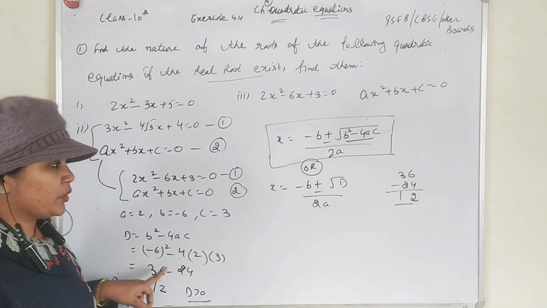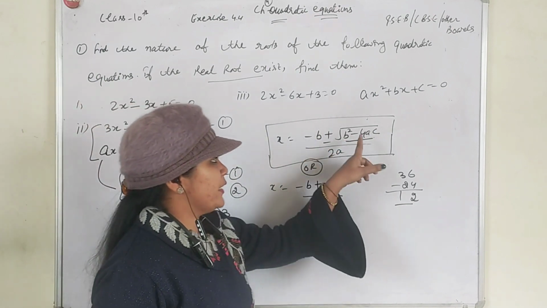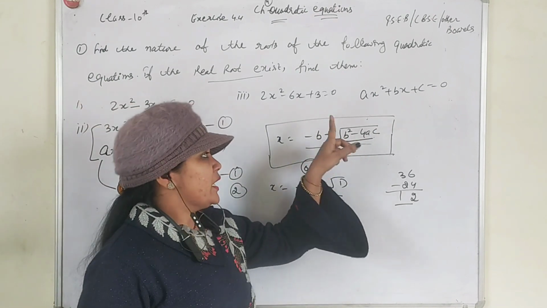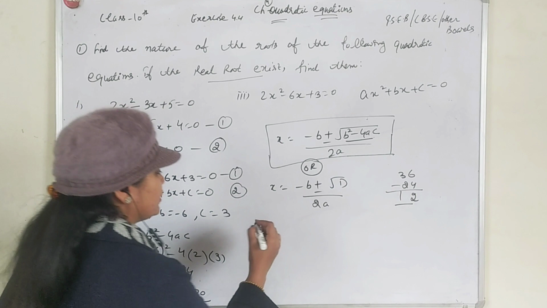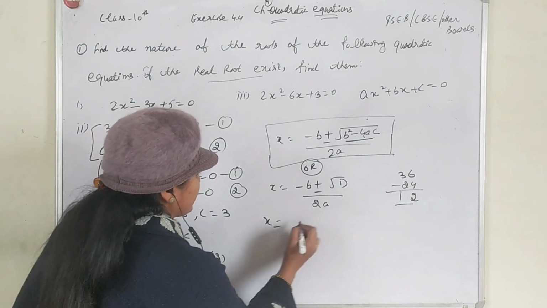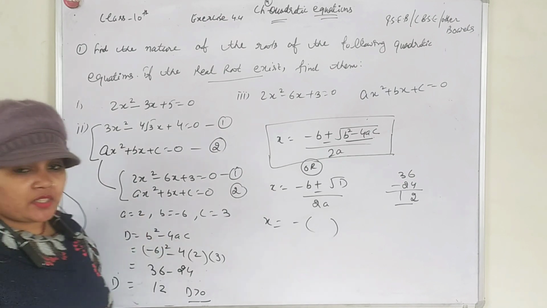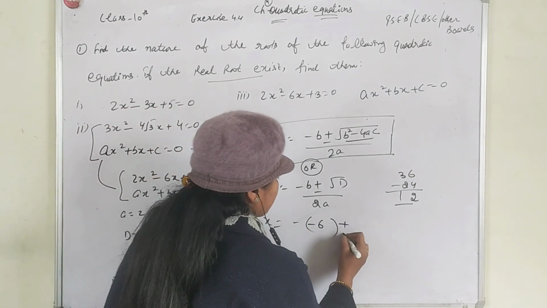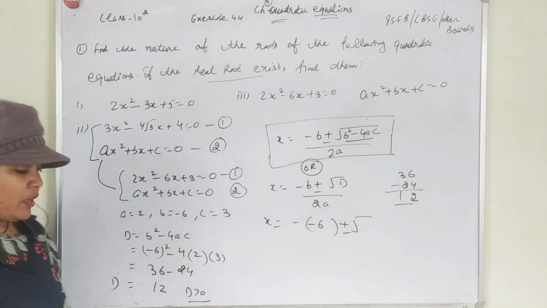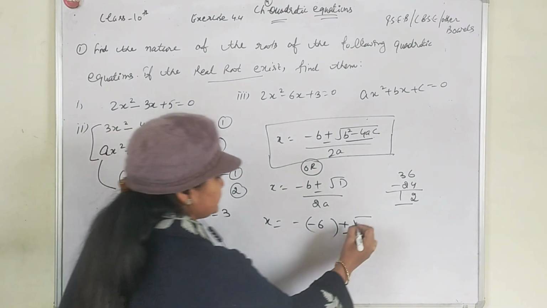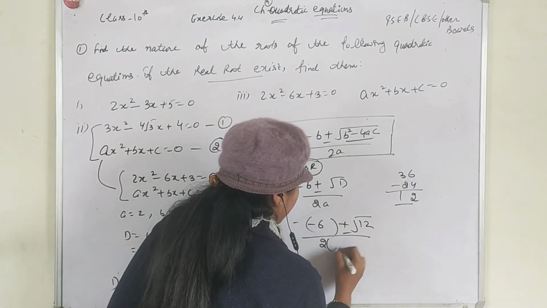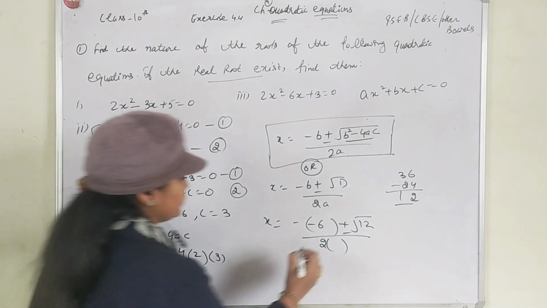Or if you can't put the value of D directly, you can put the values of a, b and c in this formula. We put b = −6, so −b, plus or minus the root of D, where D = 12, upon 2a, with a = 2.